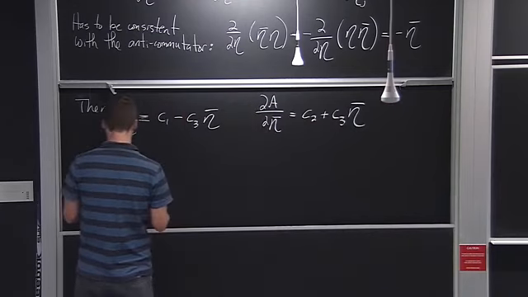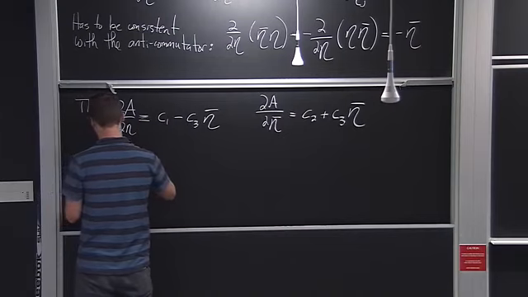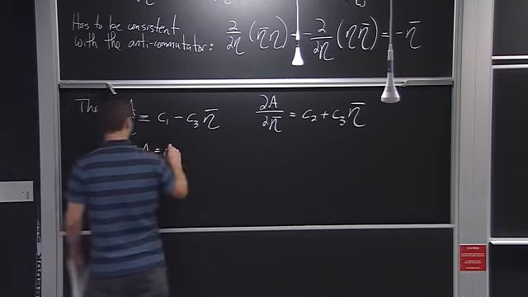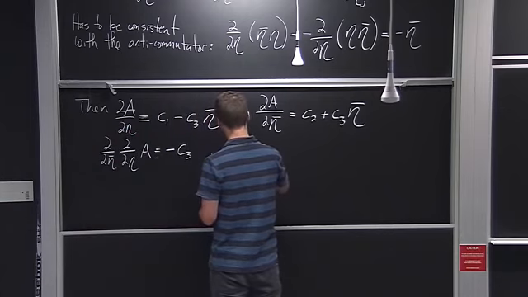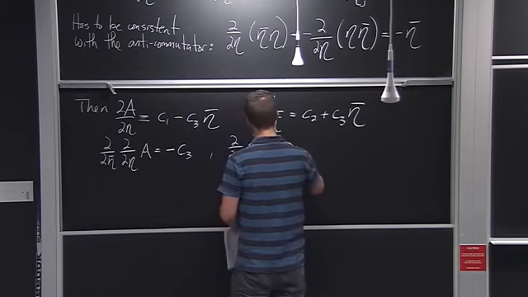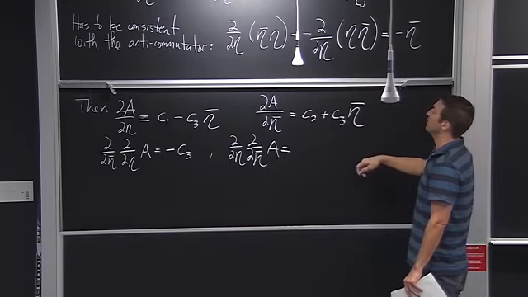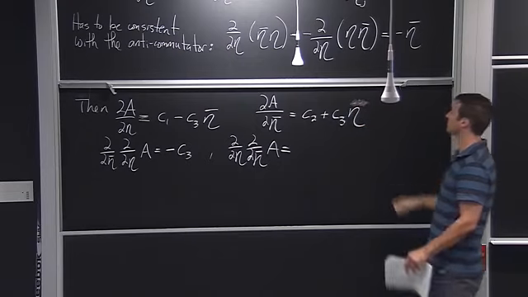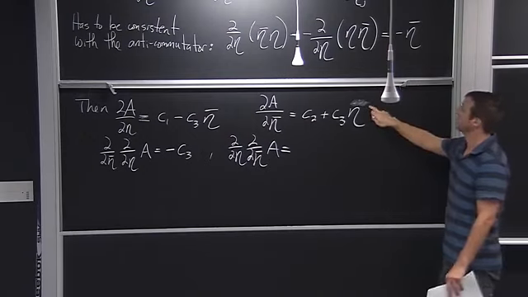So if I now take a second derivative of this thing here, all I get is minus C3. And if I reverse the order, sorry, this shouldn't be a bar, right?